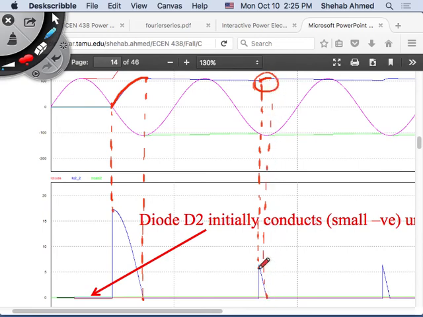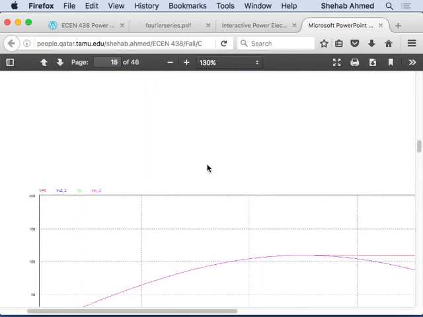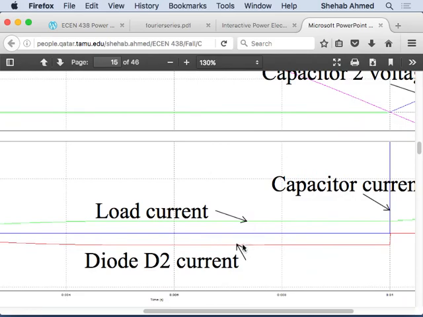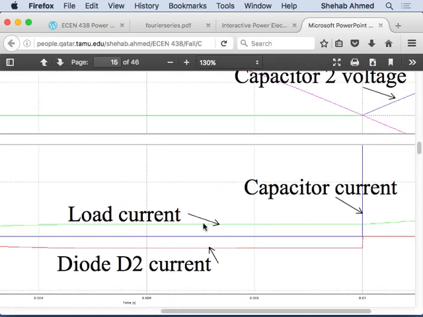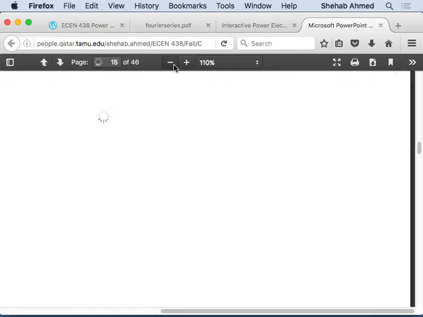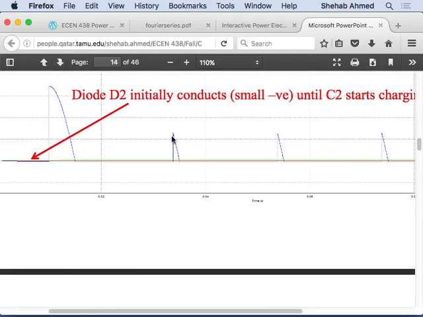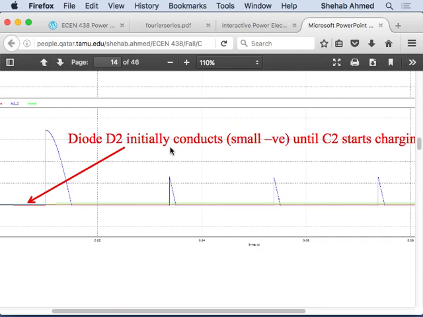It's positive when it's connected to the source. And then if you zoom in, this is actually negative, and it's discharging exponentially. I don't have a plot of that, I just have the initial section here. Capacitor current is initially charging here, when the diode is connected to the source.